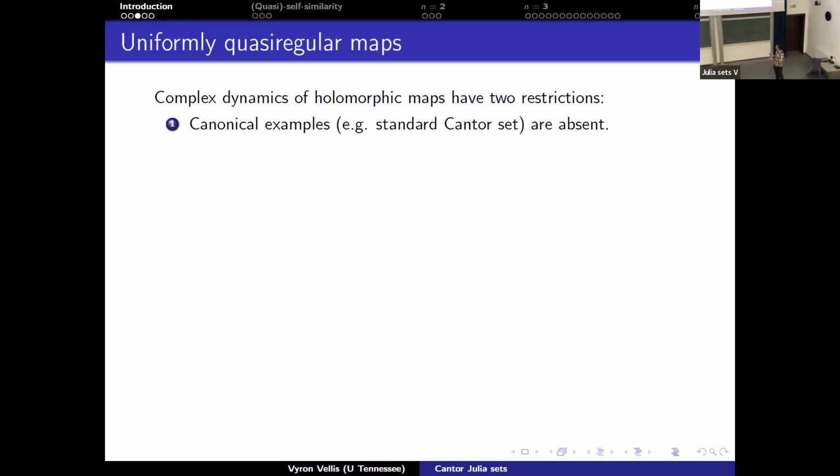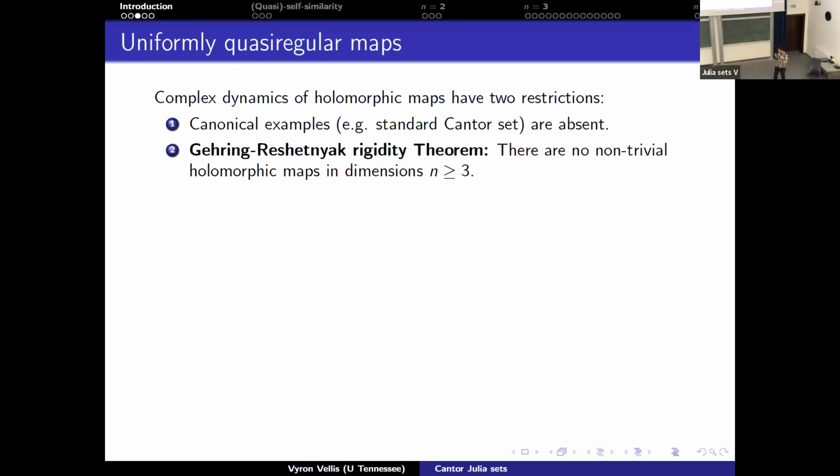And the second restriction is that, as we know, there are no non-trivial holomorphic maps in higher dimensions. This is usually known as the Liouville rigidity theorem, but it was proven really by Gehring and Reshetnyak, so I'm just going to call it the Gehring-Reshetnyak rigidity theorem. So there is no theory in higher dimensions, and there are so many fractals in higher dimensions that could arise, and we will see that they will arise as Julia sets.